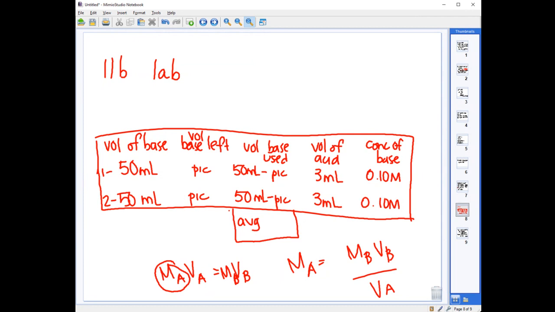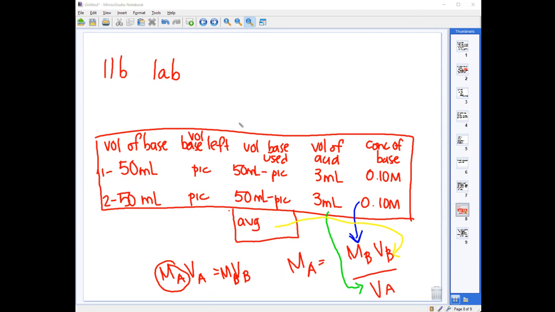Now, you've got each one of these. Okay, so the concentration of your base, that is the molarity of your base. Okay, the volume of acid, of course, that's volume of acid. And then the volume of the base used, you're going to use this average here, and that's going to go right there. Now, you are going to have to make a change.